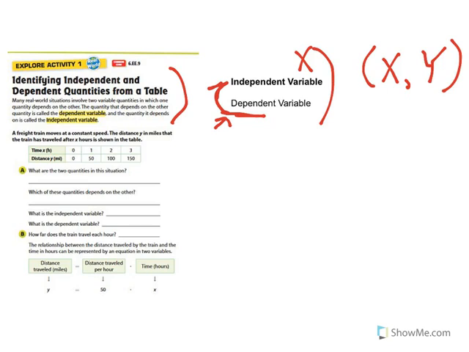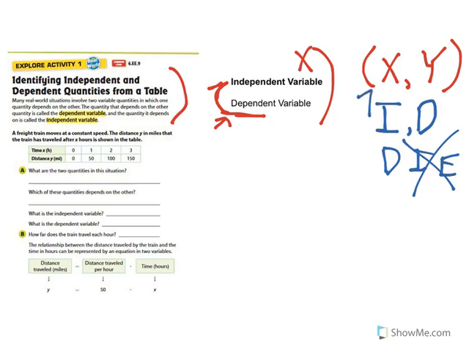A fancy way to remember it is to think of your ID. Your ID lets you get into places, right? If you do it in the opposite order, it would be DI, which doesn't really exist, if you want to use figuratively, right? That means that's not a good thing. So this is how you remember the order, all right? The independent comes before the dependent. So you need your ID to travel.